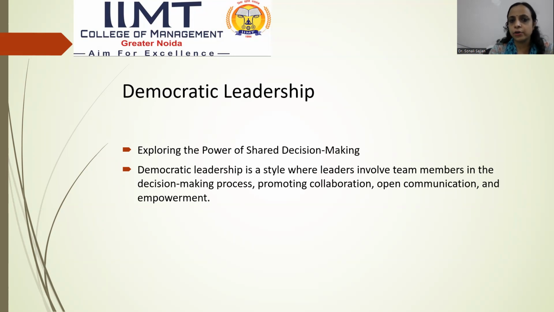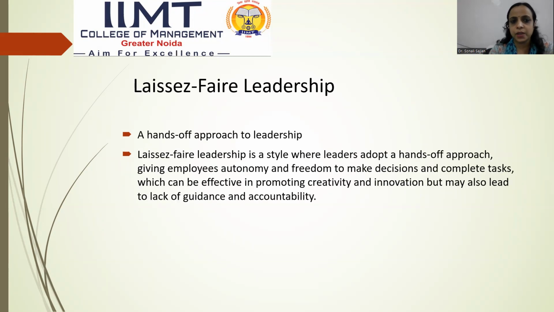Before giving the task, they have to take the decision in a meeting or by talking with each other. That communication is very open, and each and every member has to provide their thoughts and take the decisions. Third one is laissez-faire leadership.